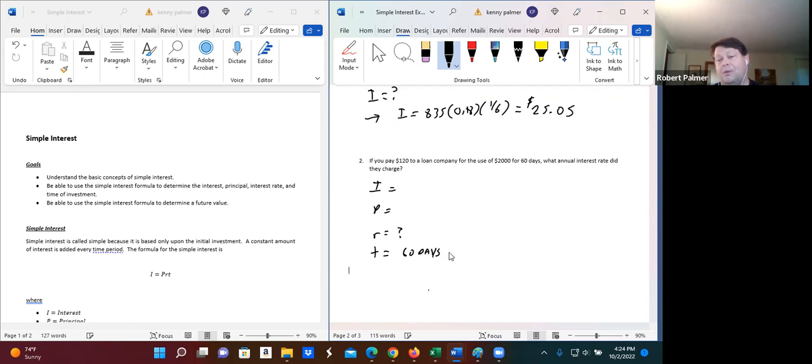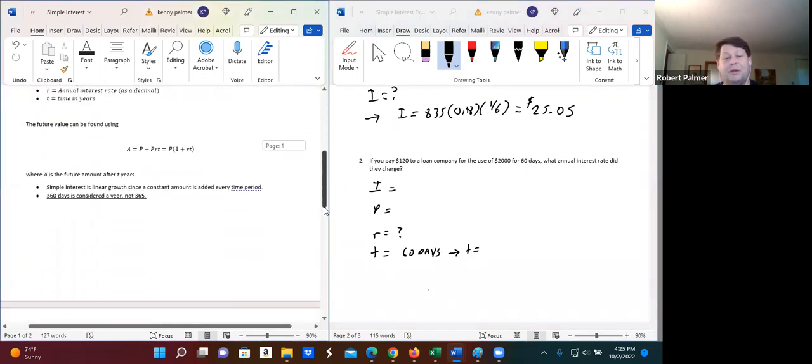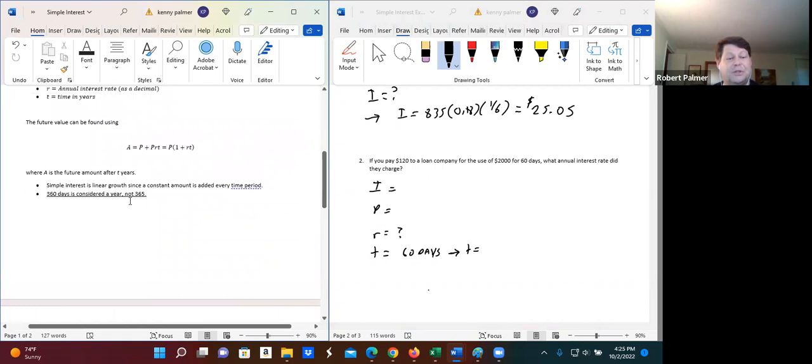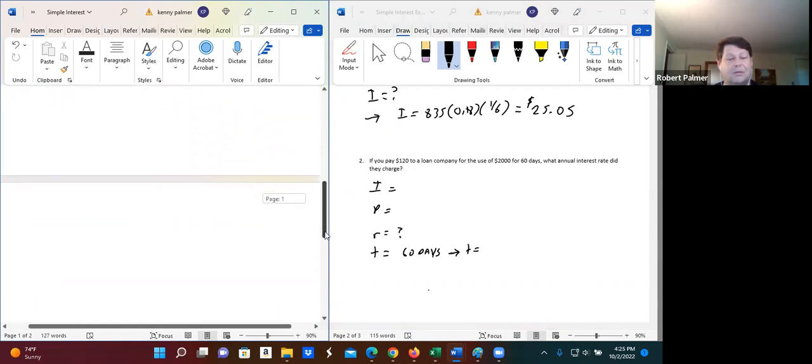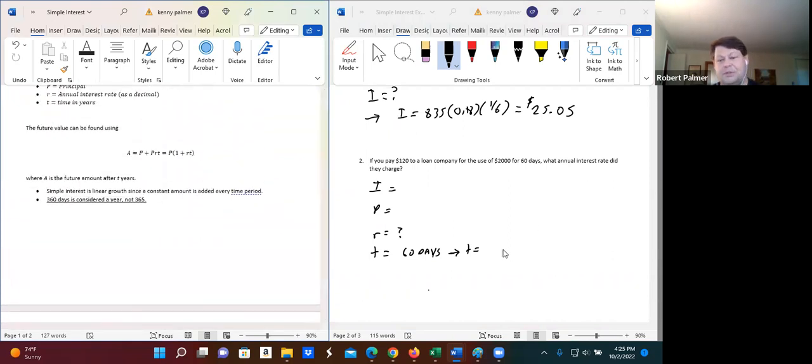Now we need to convert this to a year, and once again, we use this unusual thing, 360 days instead of 365. That's going to be 60 divided by 360 of a year, which is actually 1/6. Works out fairly nicely.